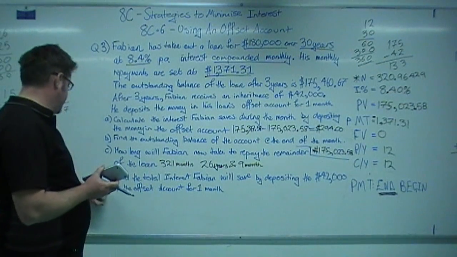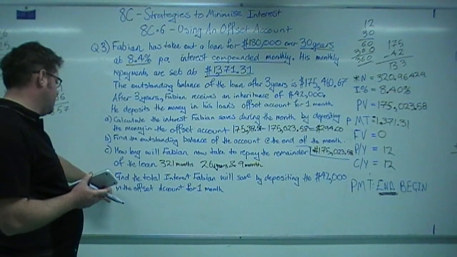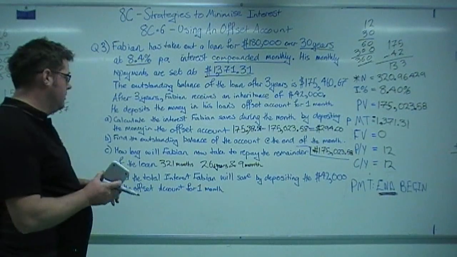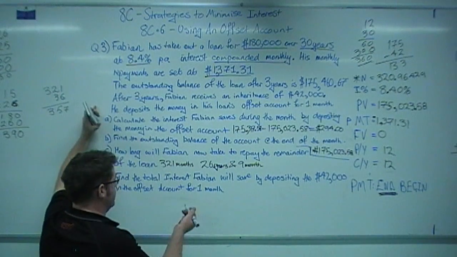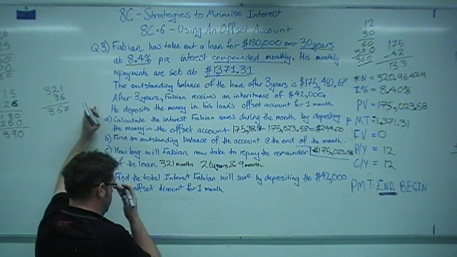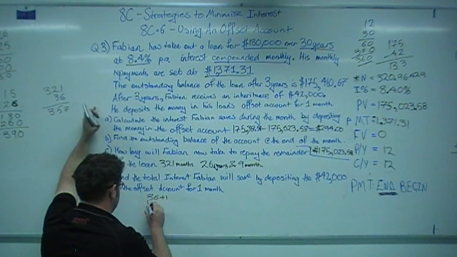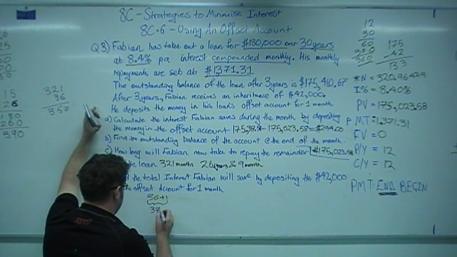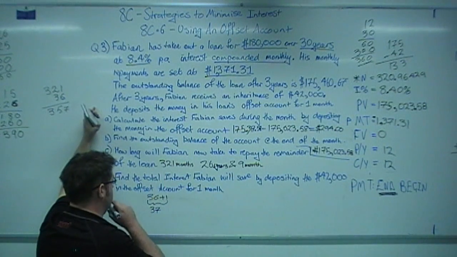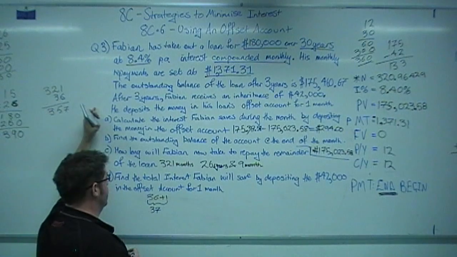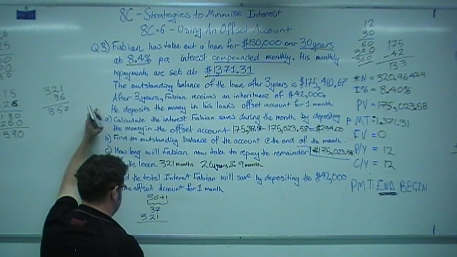Okay, so for part D, we're asked to find the total interest Fabian will save by depositing the $42,000 in the offset account for 1 month. Alright, so thus far we are 3 years and 1 month into our loan. So 3 years is 36 plus 1, that gives us 37. We're also, our new duration that's left is 321.